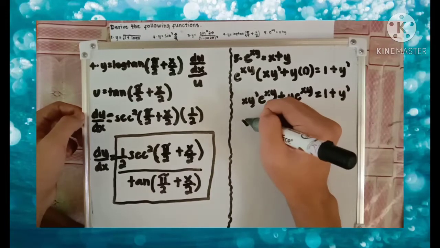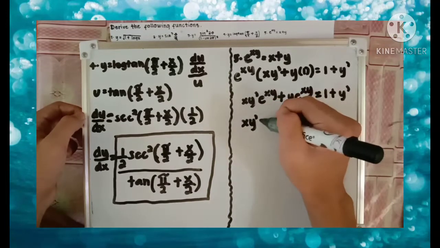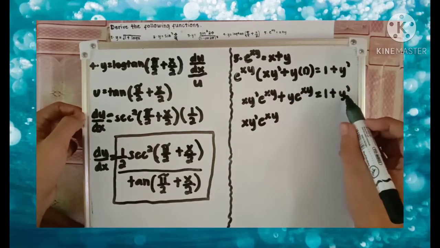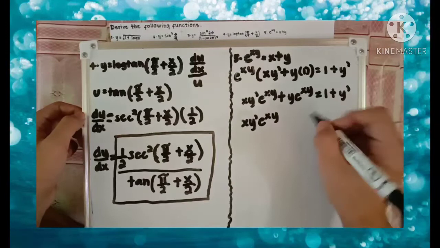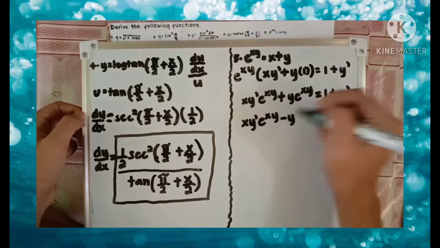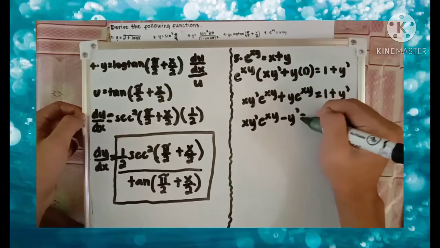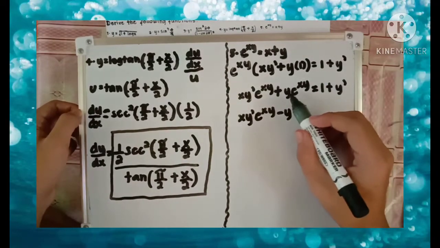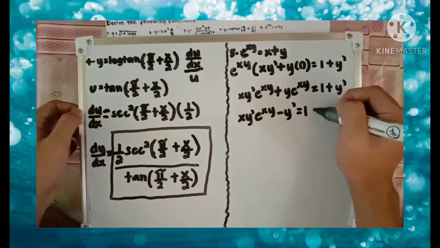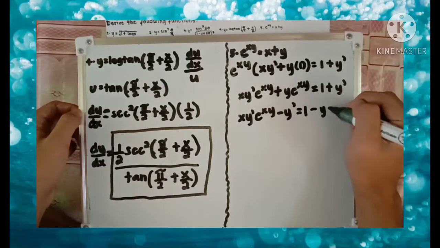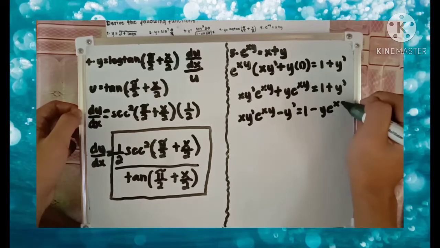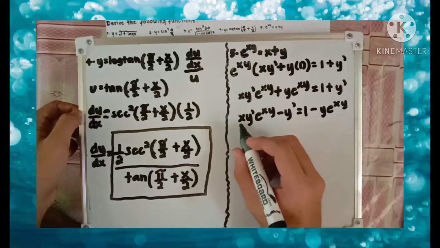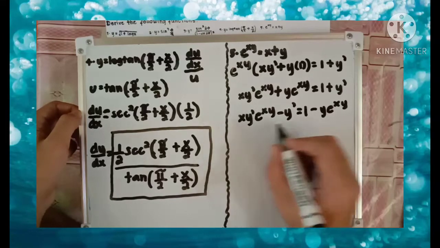Then next na gagawin natin is i-combine natin lahat ng may y prime. So x y prime e raised to x y. So transpose this to the left side, magiging negative. Y prime is equal to 1, then transpose this to the right, which is magiging negative. Y e raised to xy. Then get the common factor, which is y prime.